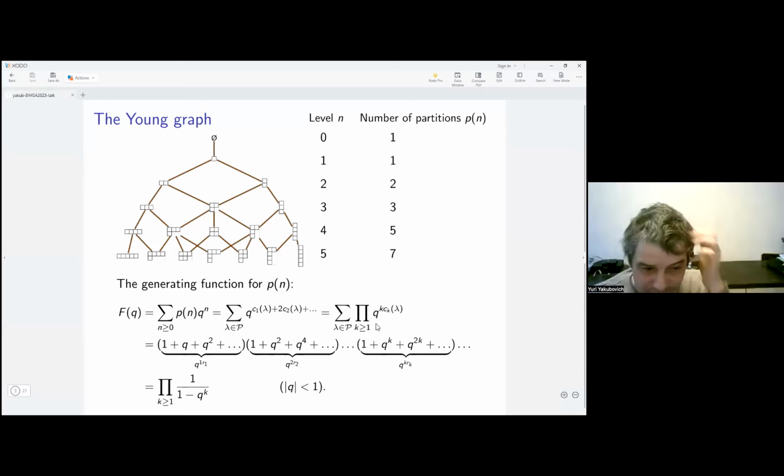If we do it, our infinite sum can be written as an infinite product.